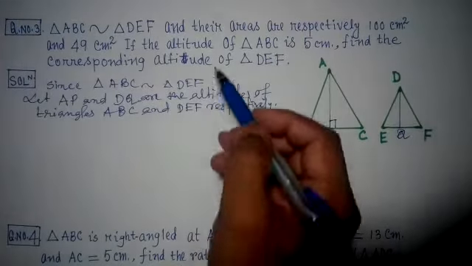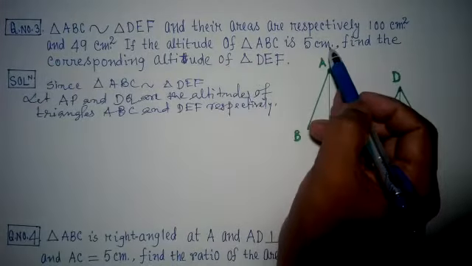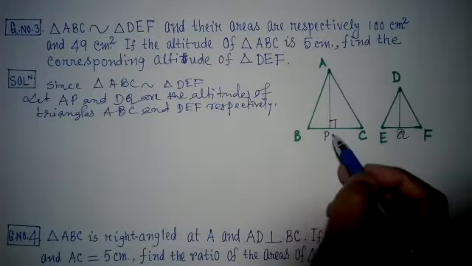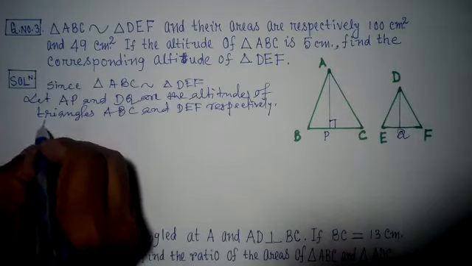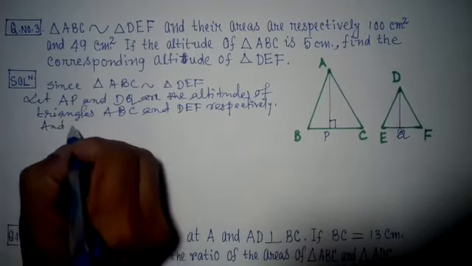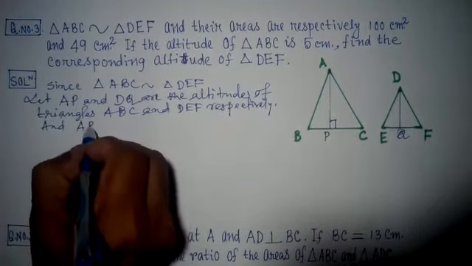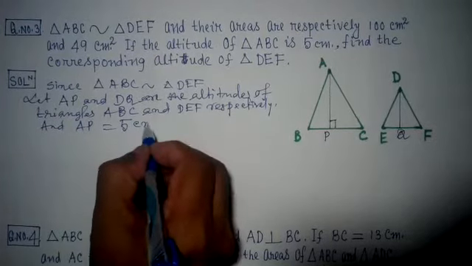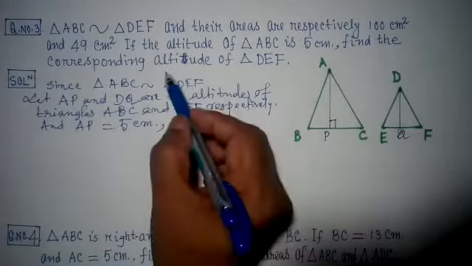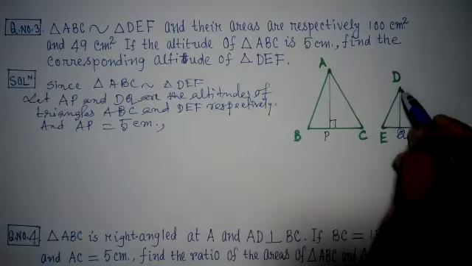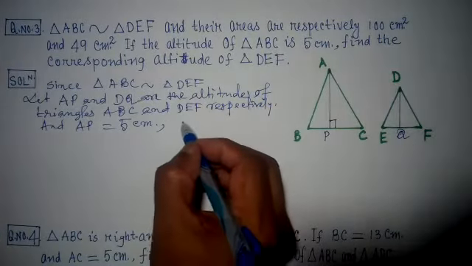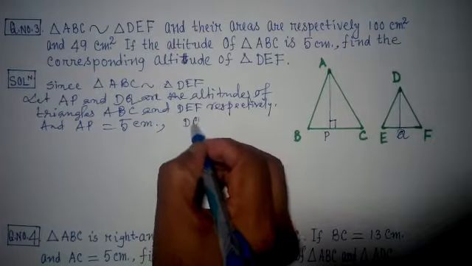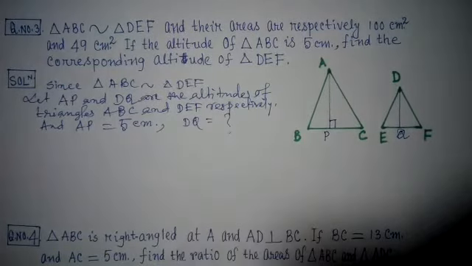And here the altitude of ABC is given as 5 cm. It means this AP is 5 cm. We can write AP is equal to 5 cm. We have to find the corresponding altitude of DEF, that is DQ. We can write DQ as a question mark.